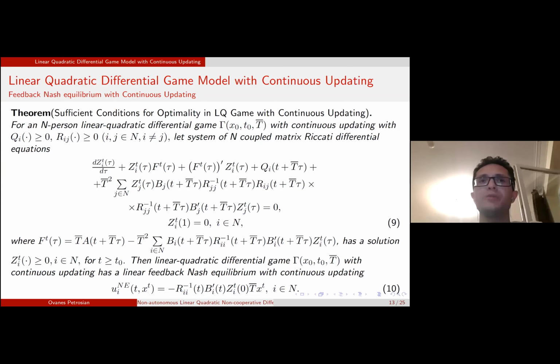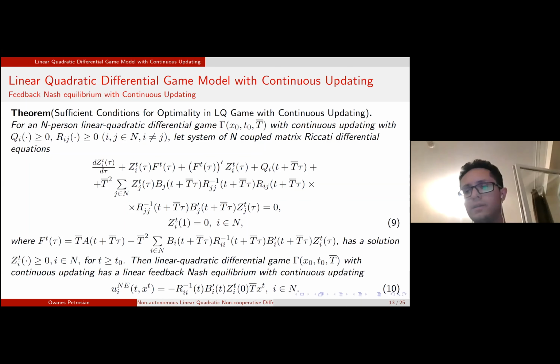Yeah, okay, thank you for the comment. So another important and possibly interesting thing is that in the form of the feedback-based Nash equilibrium, formula 10, you can see that it depends on the solution of the Riccati differential equation, but only at the first point of the solution.